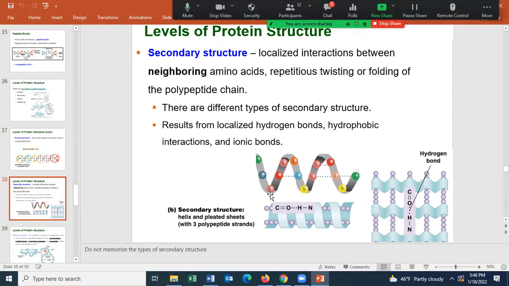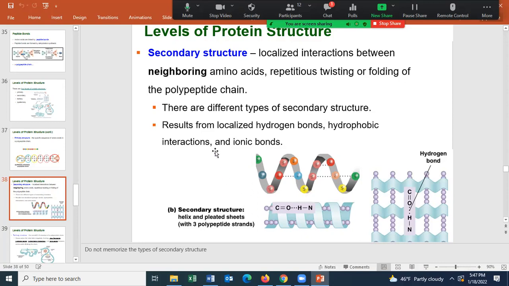If this one is positive charge and that one is positive charge, they would be repulsed from each other. I think that's about it for the different types of attractions and repulsions. I might not have mentioned that if this one is nonpolar and this one is polar, they will be repulsed from each other.